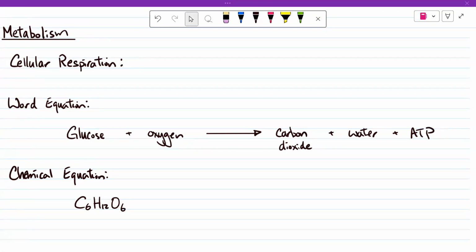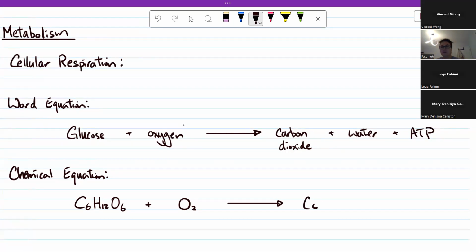And when you react it with oxygen, oxygen is O2. I think in your chemistry, you learned that some elements are always doublets, like oxygen, nitrogen, hydrogen. That's going to produce carbon dioxide. Does anybody know the chemical formula for carbon dioxide? CO2. Yep, very good. CO2 plus water and ATP.